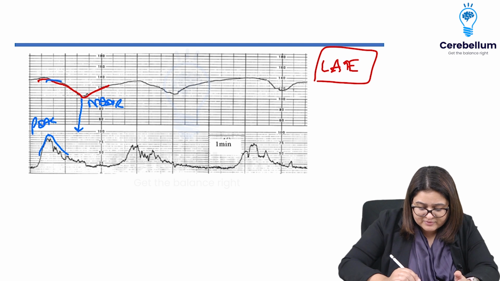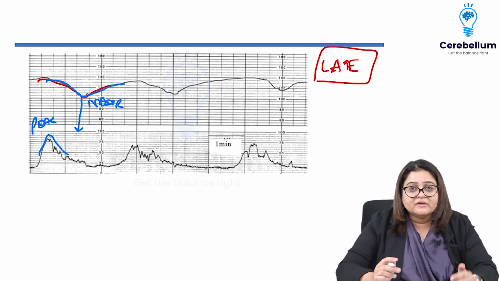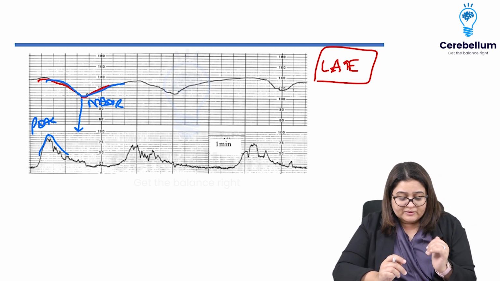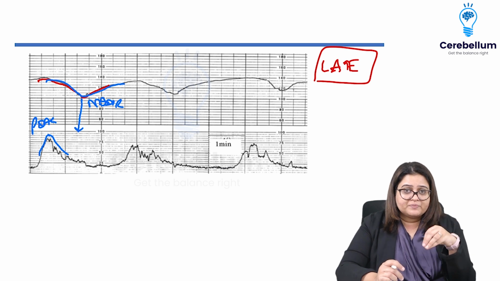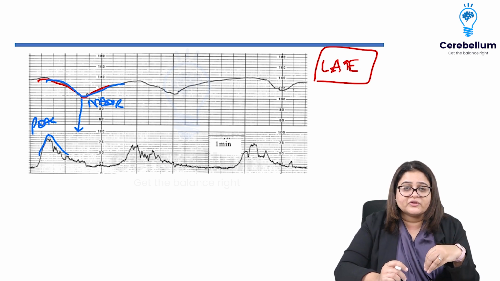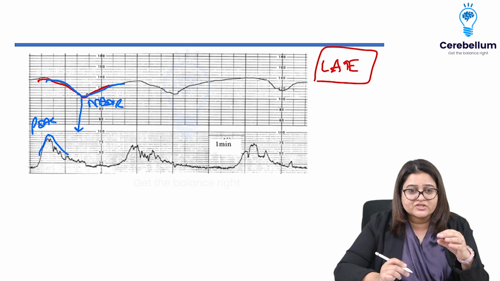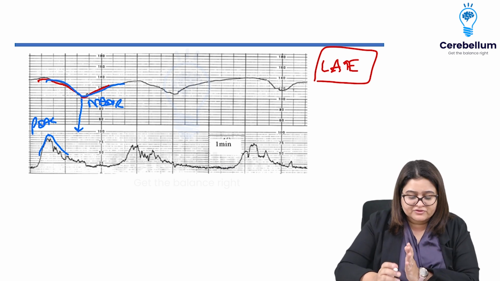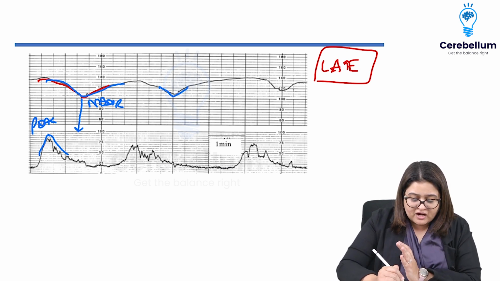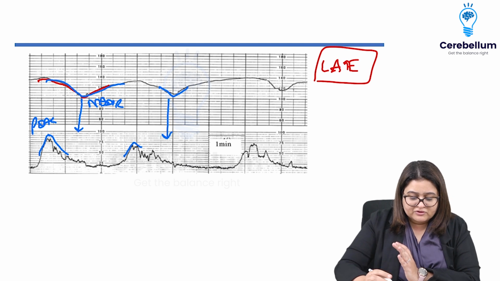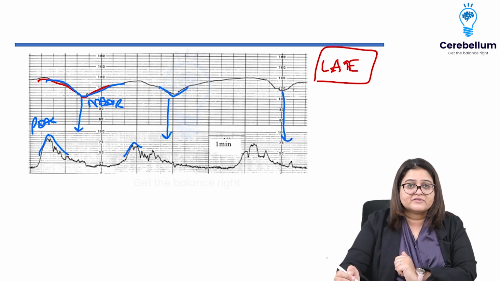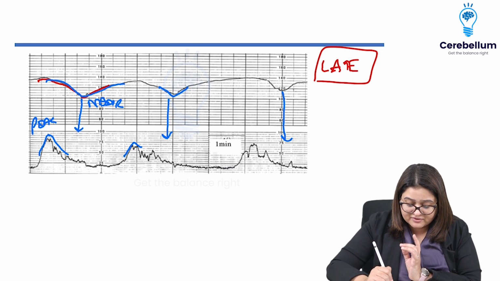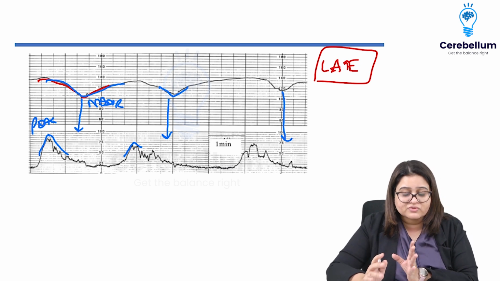It's a nice symmetrical slow drop, but very important, the bottommost point of the deceleration is occurring after the peak of contraction. See again here how it's happening after the peak of contraction. These are a very dangerous thing to see.